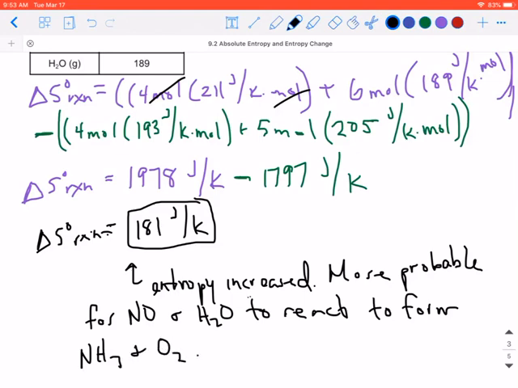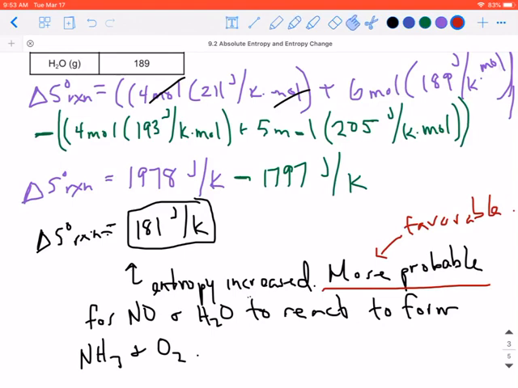Remember, everything wants to be more disordered, so more probability. A reaction is more favorable to go in the direction where more disorder can occur. So this is favorable. Okay, cool. That's our first set of calculations.